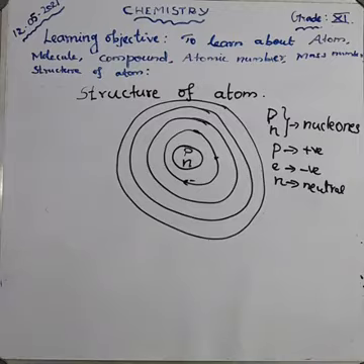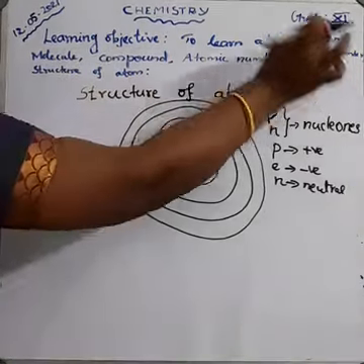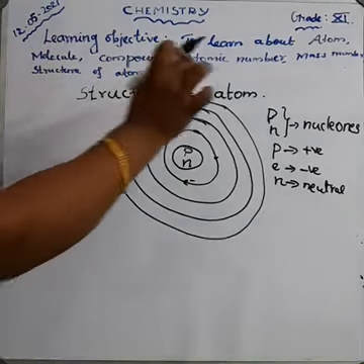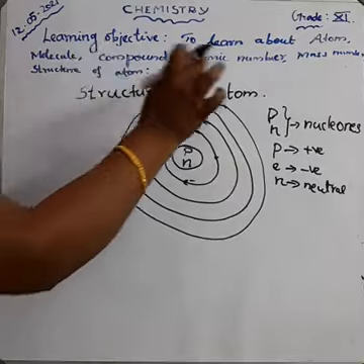And then we are going to study what we mean by atomic number, and what we mean by mass number or atomic mass. What do you mean by atomic number? Atomic number means the number of protons or the number of electrons.